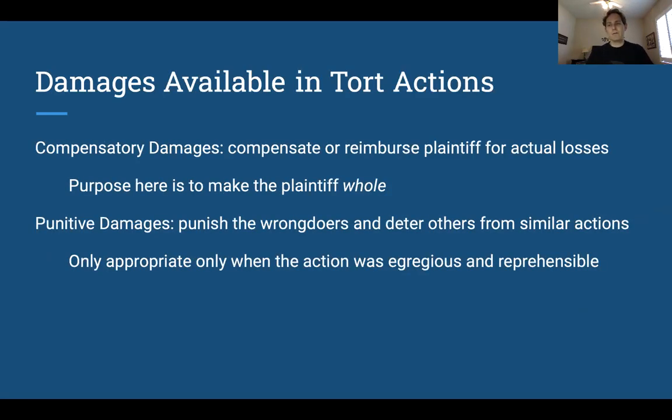All right, now this slide just briefly introduces the idea of damages in tort actions and other civil actions. I'm focusing on two right now. When we get to contracts, we'll talk about more, but compensatory damages is by far the most important one.